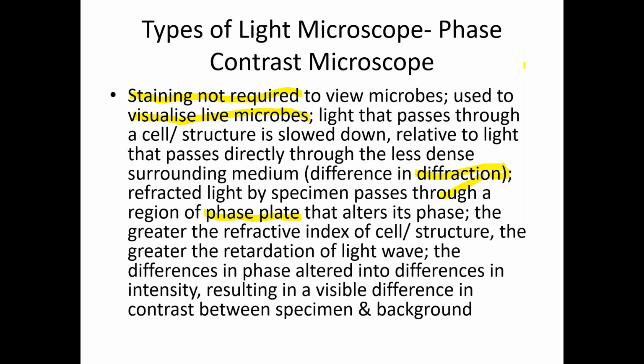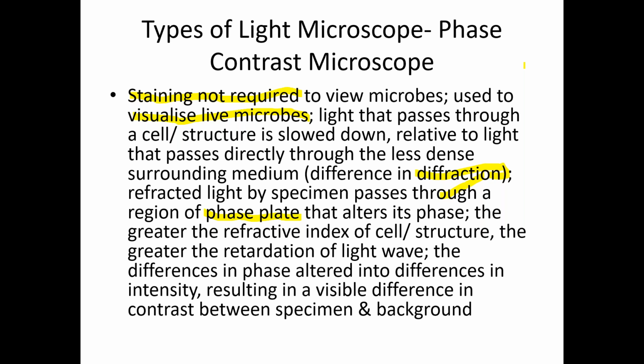The light passing through the microbial cell will be slowed down more than the light passing through the edge of the glass slide or the unstained region. This is due to the difference in refraction or diffraction, because light passing through the glass slide is refracted or diffracted differently from light passing through the microbial cell.